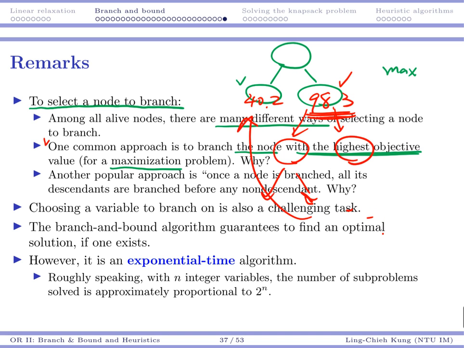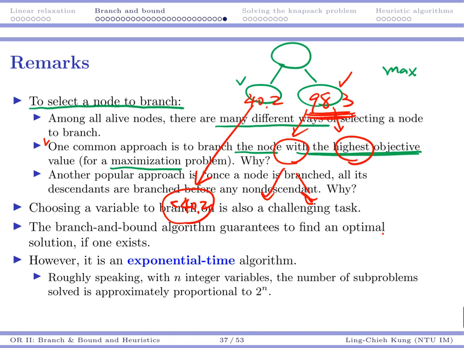Is that right? But on the other hand, if you move on to the first side, then if you are lucky enough to get an IP feasible solution, it's going to be less than or equal to 40.2. So there's no way for you to generate a solution that is better than 98.3.